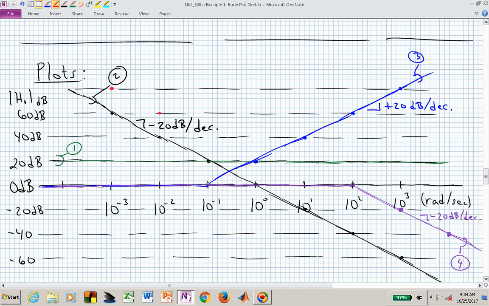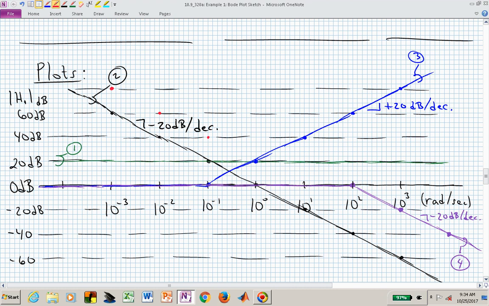So at 0.1 or 10 to the minus 1, we have 20 dB from the first term or the constant. We have 20 dB from the pole at the origin, and we have nothing yet from the third and fourth term. So we're still sloping down, and we have now reached 40 dB in our total magnitude plot.